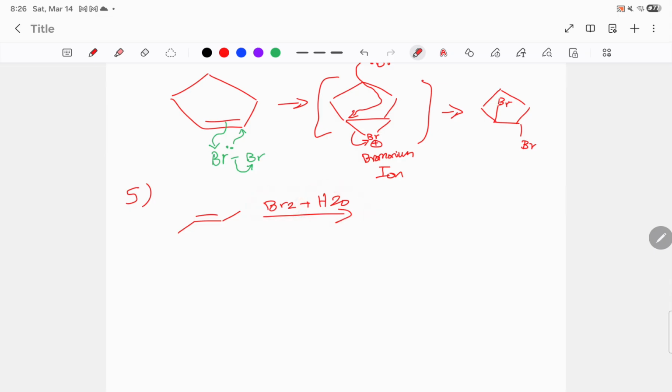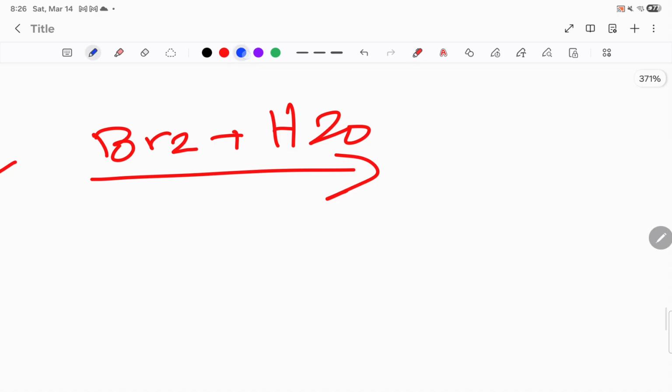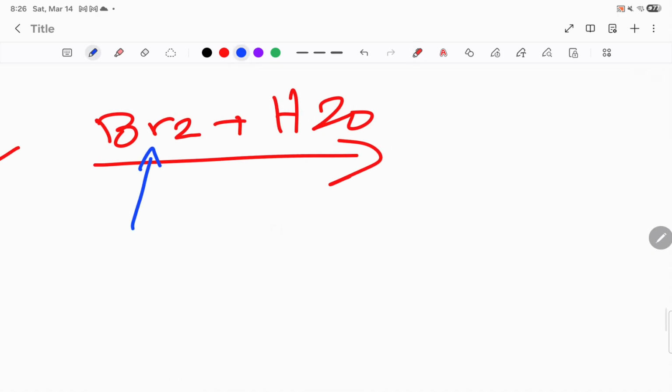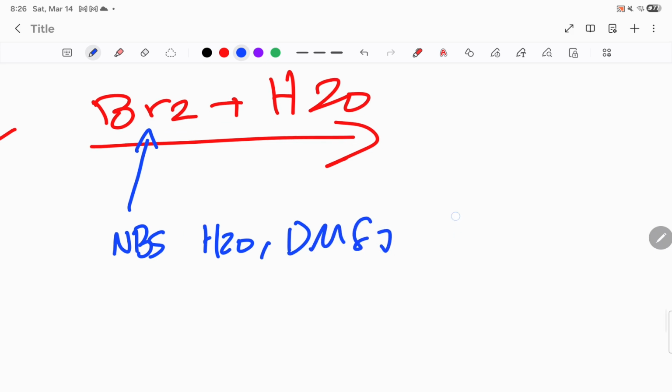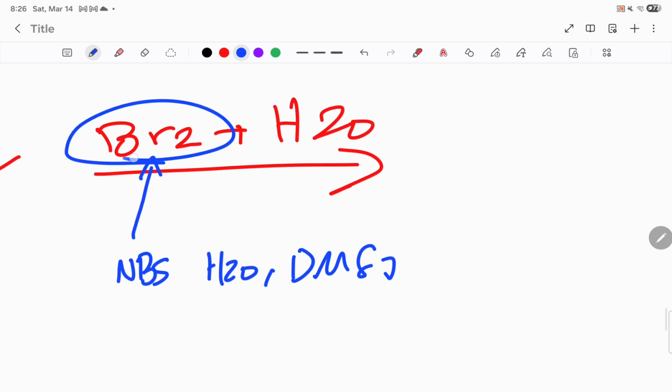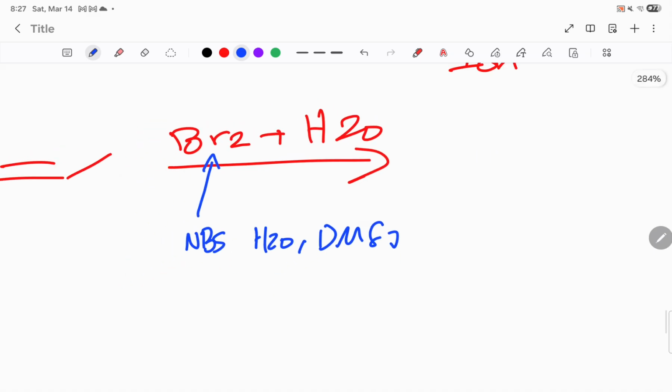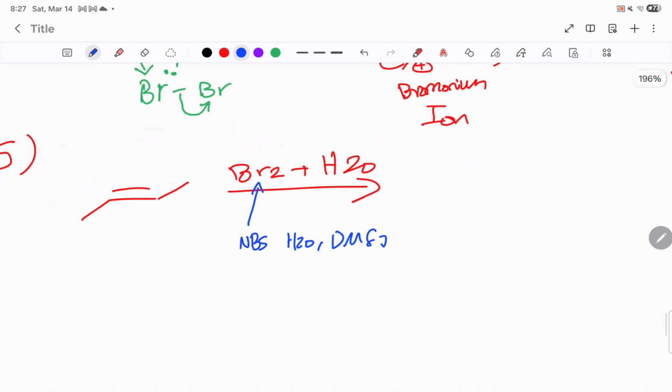Now, Br2 is very hard to work with, and so sometimes you might actually see, instead of Br2, a bromine donor, which is known as NBS, so N-bromosuccinimide, in aqueous DMSO, which is just our solvent, and it breaks down to give us Br2, okay? So it is kind of like our halogen source.